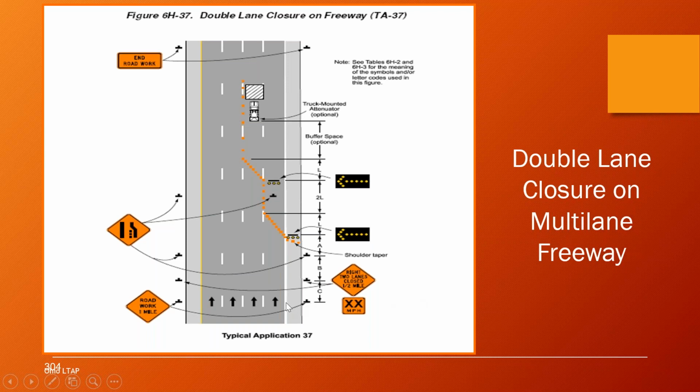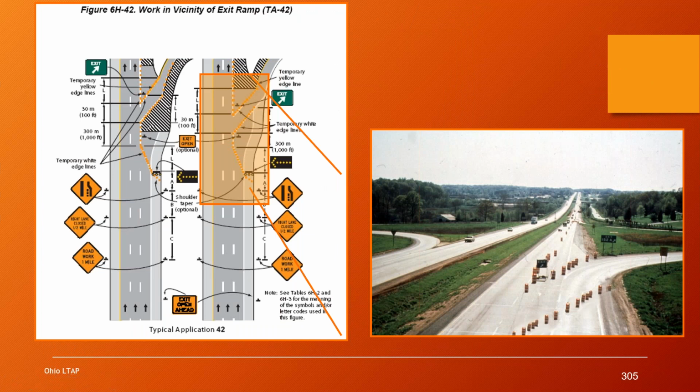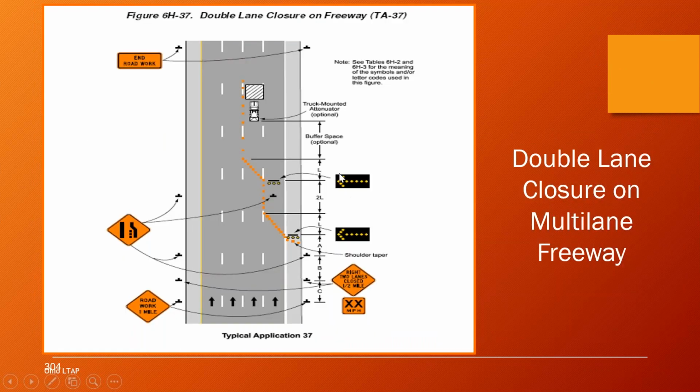We start off with like the typical right lane closure, and then we go into a tangent space that's twice the length of the taper, and then we have another merging taper, and they both have their arrow boards. And then it has a buffer space here, and also the truck mounted attenuator as an option there because it's high speed.